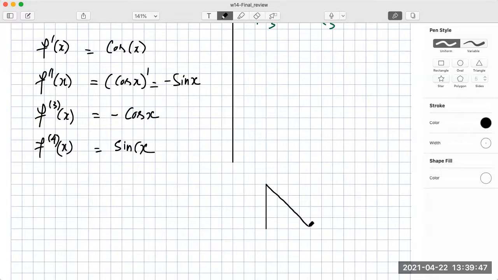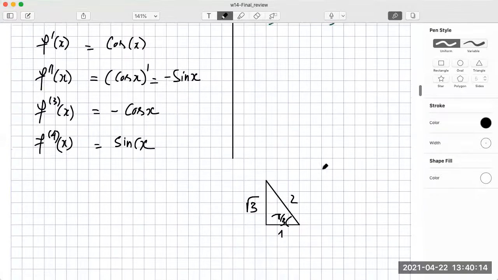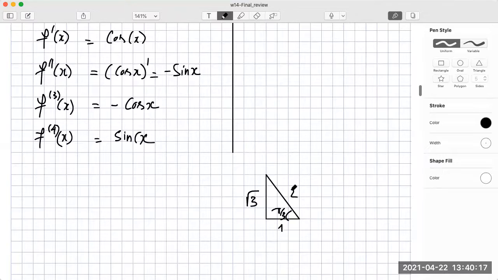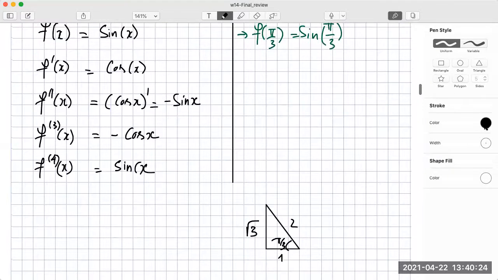Pi over 3 is 60 degrees. If the hypotenuse is 2 and one side is 1, the other will be the square root of 2 squared minus 1, which is square root of 3. This is the angle pi over 3. So sine of pi over 3, the opposite divided by the hypotenuse, will be square root of 3 over 2.